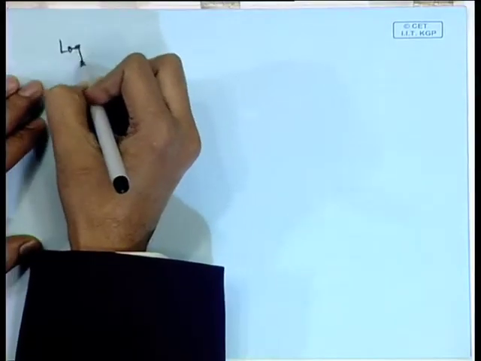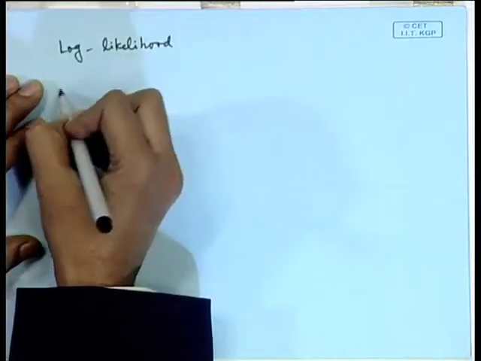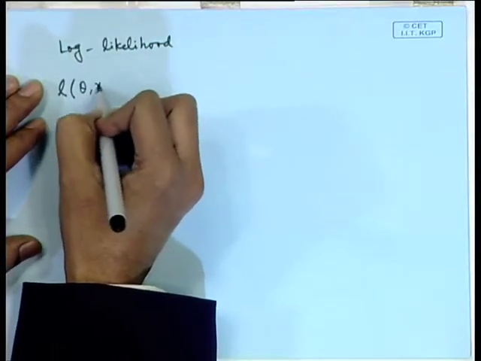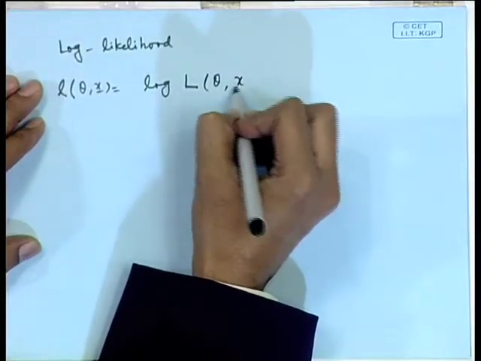So, if I take the log of that, then the terms which are coming as xi terms come in the linear form. Therefore, in most cases it is more convenient to handle the log of the likelihood function. So, we consider the log likelihood, that we denote by small l(theta; x), that is equal to log of L(theta; x).